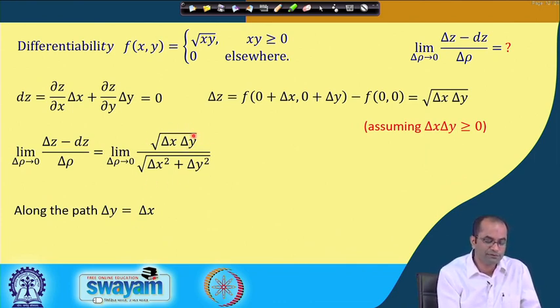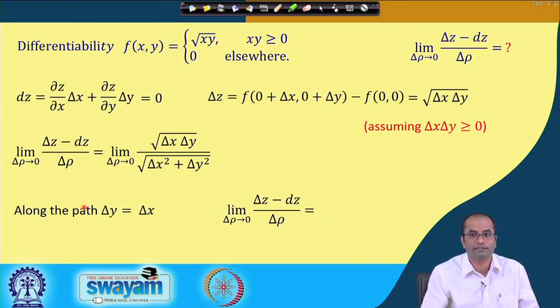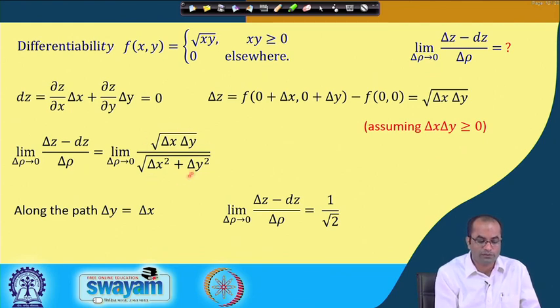So, what will happen? You have delta x there and delta x square here. So, this delta x square term will vanish there. So, we will have 1 over square root 2. So, along this path delta y is equal to delta x, what we observe is that as delta rho goes to 0, this delta z minus dz over delta rho is 1 over square root 2, because we will get here 1 when delta x square gets cancelled, here 1 plus here 1 again.